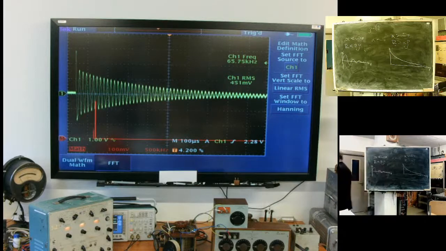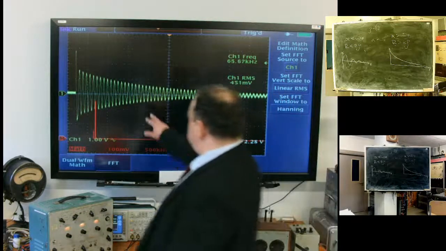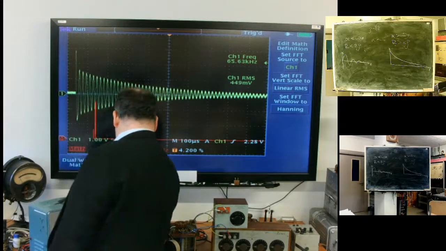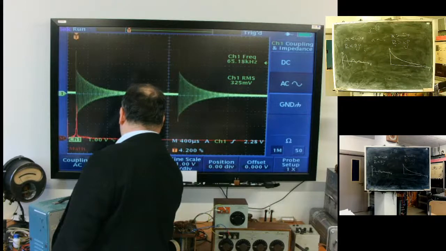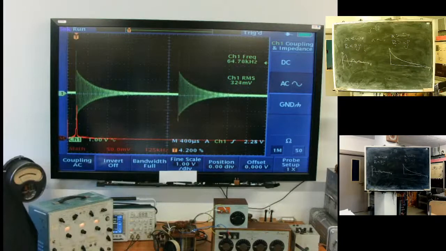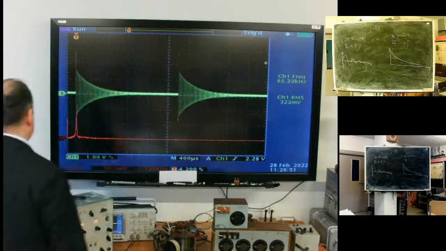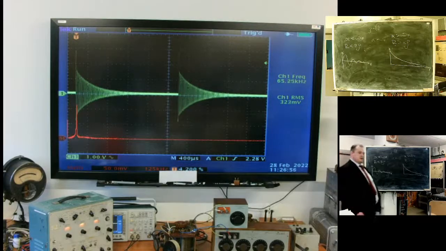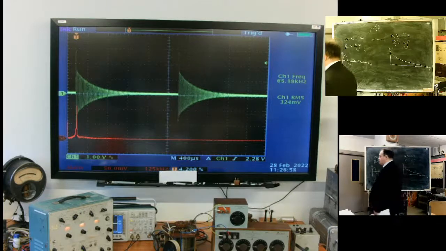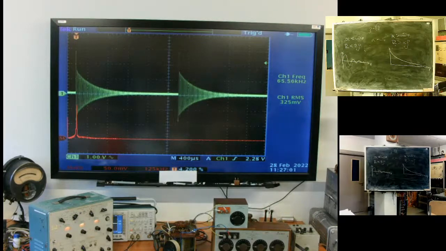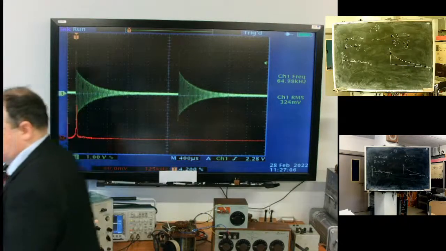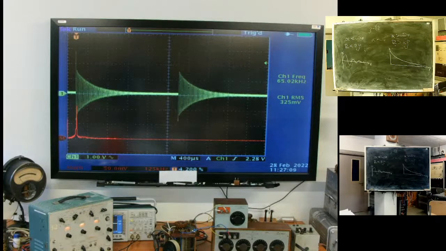It's a frequency analysis of the signal. Can you see the red needle? I hope you can. Now all energy is concentrated in one very narrow frequency band.